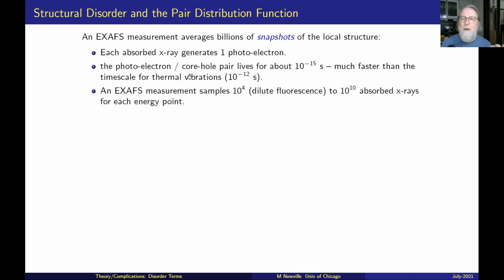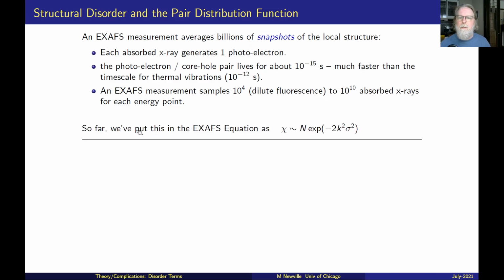So really, every absorption is a snapshot of a frozen structure. But XAFS measures lots and lots of measurements. Every energy point in an XAFS measurement will be 10 to the 4 to 10 to the 10, or maybe even 10 to the 12 different events. And so we're taking a billion snapshots, but we're averaging over them.